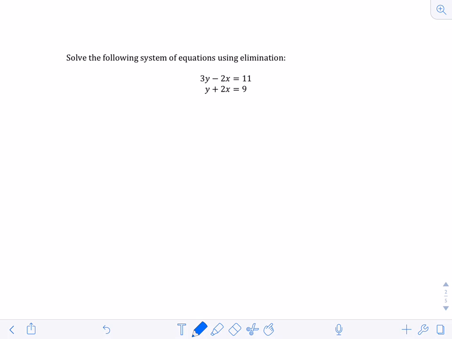In our example, we can see that if we added these two equations together, the negative 2x and the plus 2x would cancel out. So let's do that and see what happens. We add these together, and we get 4y is equal to 20. Notice when we added, the negative 2x and the plus 2x canceled out.